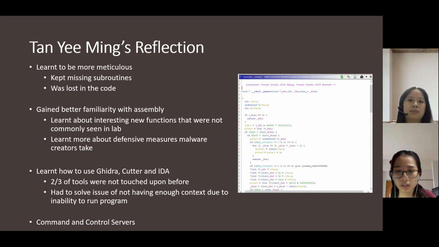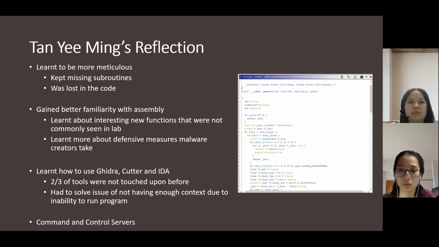I also had to solve the issue of not having enough context due to inability to run programs. Initially, I only wanted to use IDA Free's functionalities of the graph overview and also the assembly code disassembler.